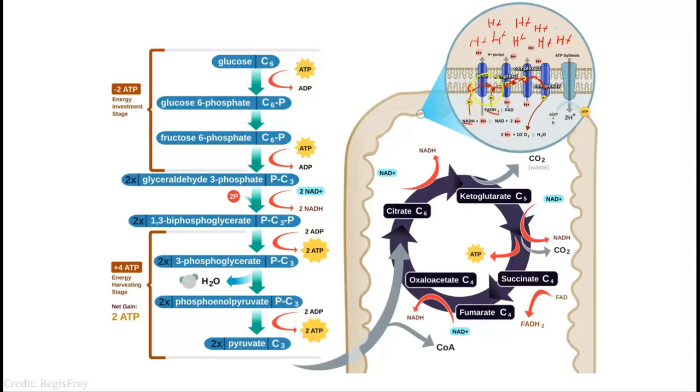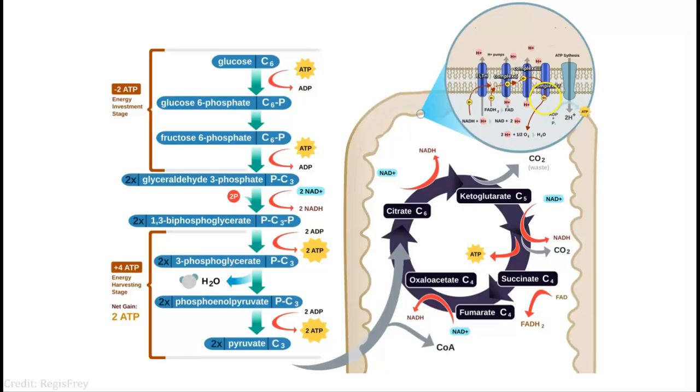And so they are then pushed out and sort of tricked in a way out to the intermembrane space where they accumulate. And then once they accumulate, they can flow down through the water wheel. They can flow down through the rotor of the ATP synthase and be used to make ATP. Here you have an adenosine diphosphate and an inorganic molecule of phosphate. The two combine together and they form ATP.